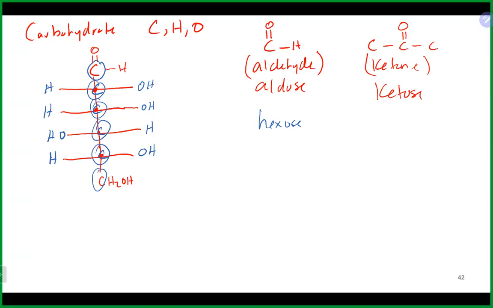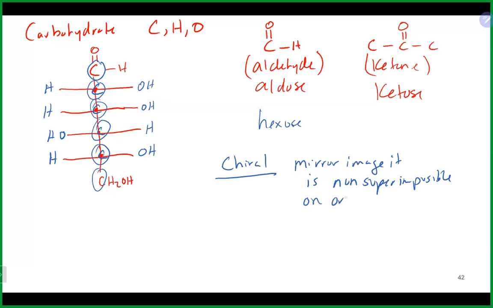Now, in addition to that, we also talked about the idea of a chiral molecule and a chiral carbon. When we have a chiral carbon or a molecule that is chiral, that means that when you take the mirror image, it is non-superimposable on the original structure.